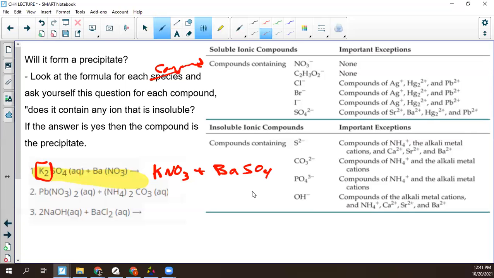So BaSO4 would be your what? Your precipitate. That would be your solid. Okay, so find the new dance partners and see if their anions are insoluble. If they are insoluble, then there is your precipitate. Okay.